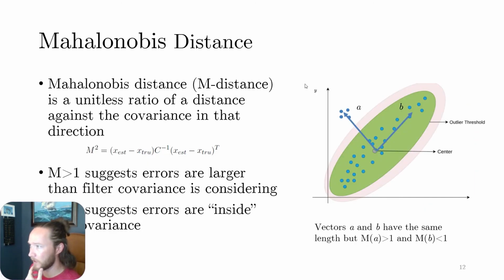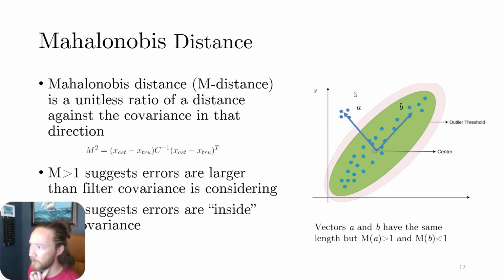So another thing to look at when you start to look at orbit determination, set up a filter, and start to process data is how well this filter is working. One way to measure that quickly is the Mahalanobis distance, which is a comparison of a solution against the covariance of that solution in the direction of that solution.